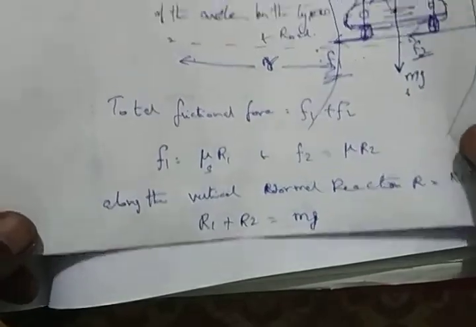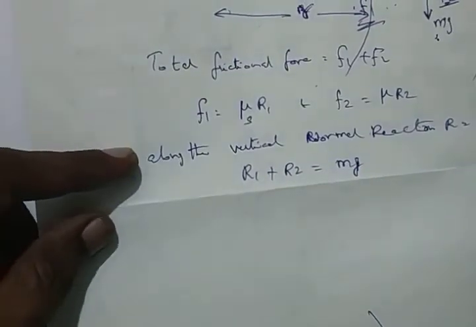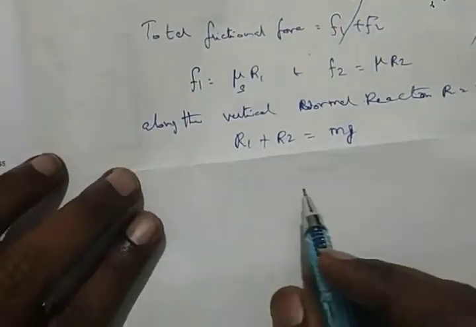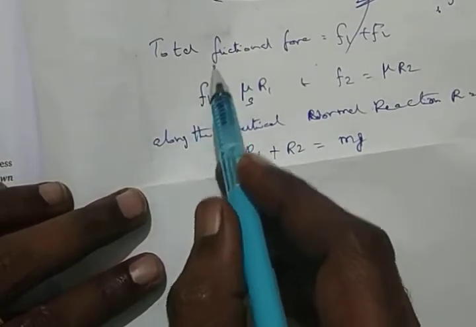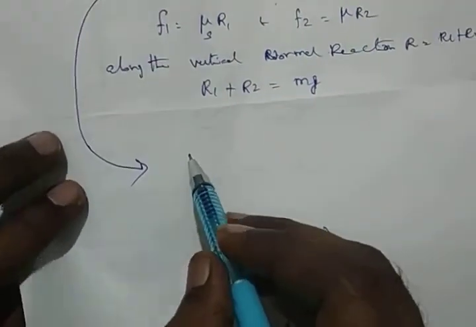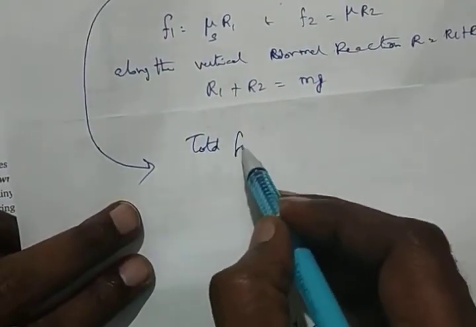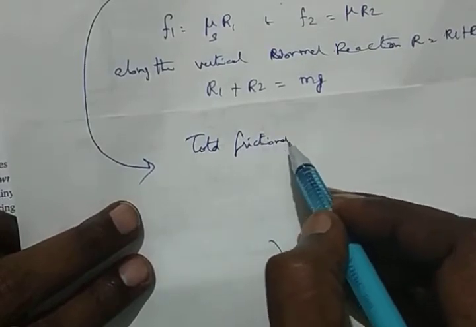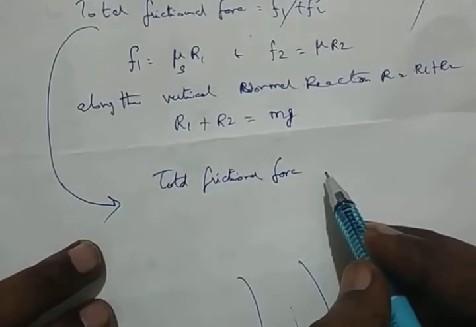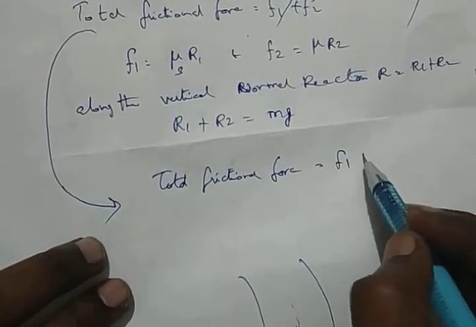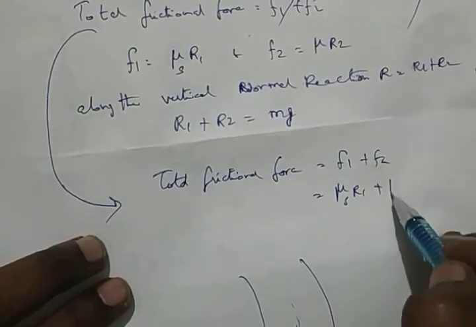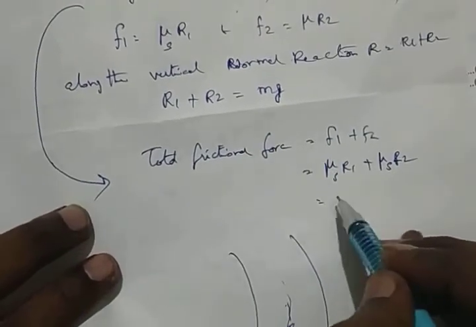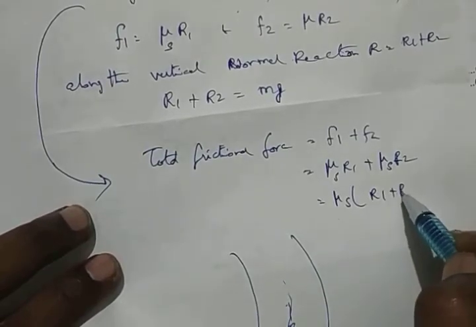So what do you find here? The total frictional force, F1 plus F2, is equal to mu_s R1 plus mu_s R2, which is equal to mu_s, you take it outside, times R1 plus R2.